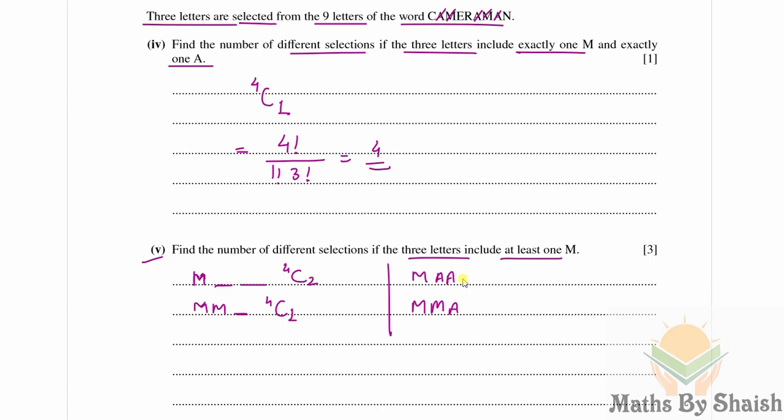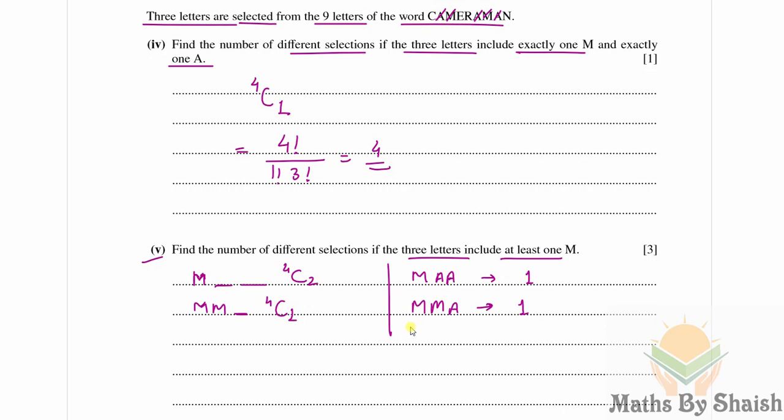And if it is 1 M and 2 A's, the 2 A's we can select in one way only, so it is going to be 1. And for 1 A, again it is one way.